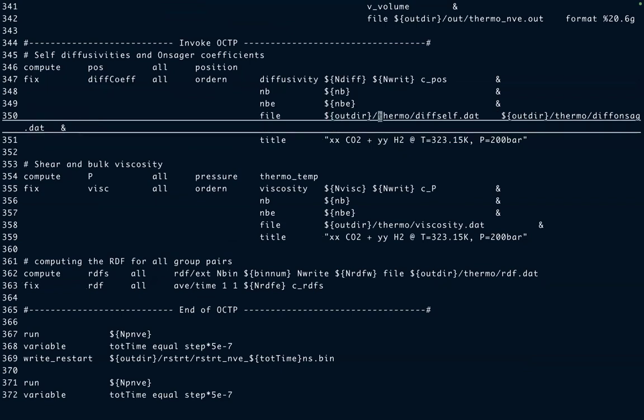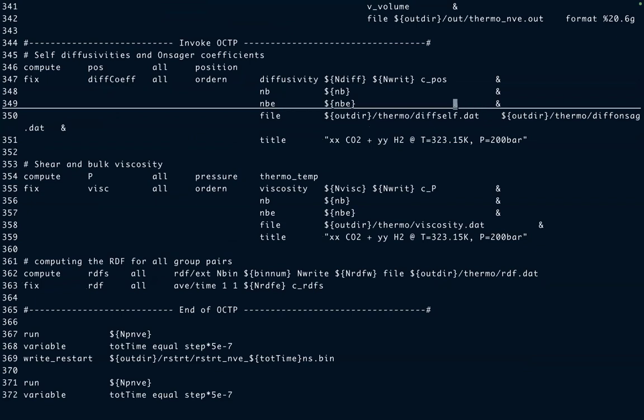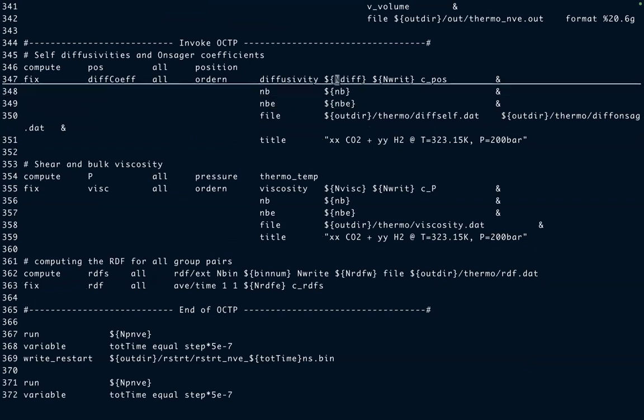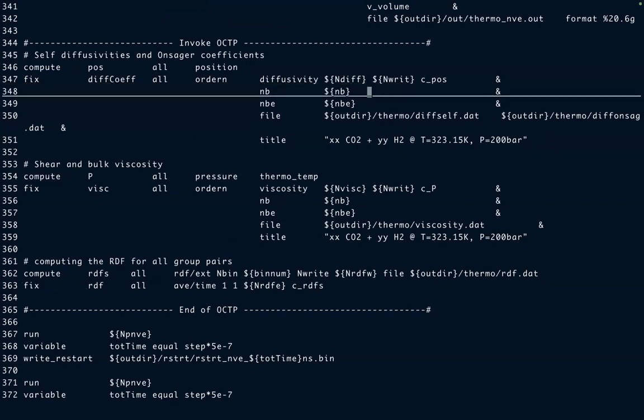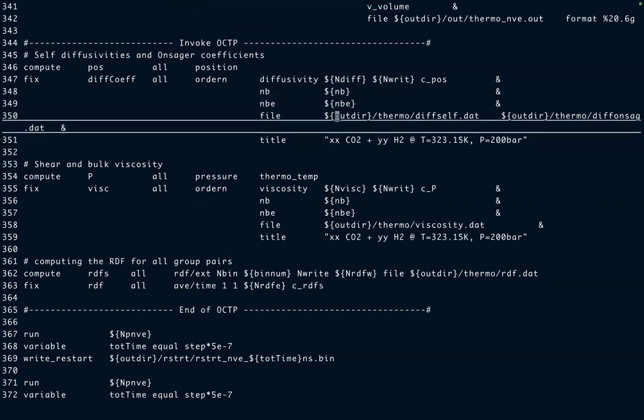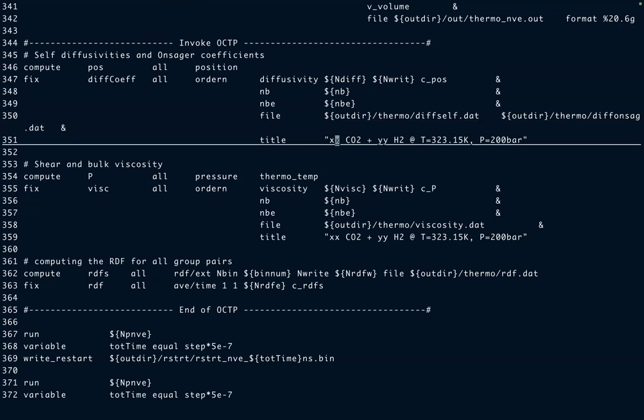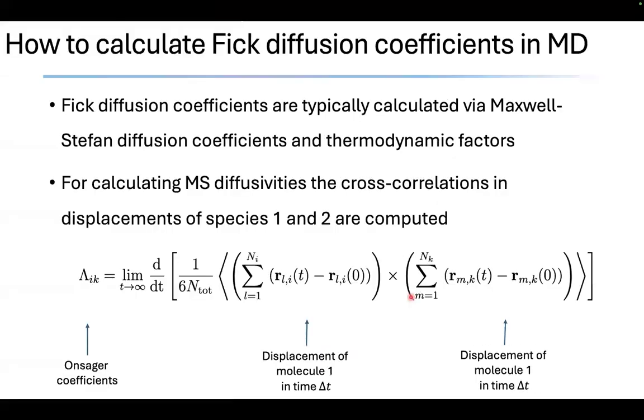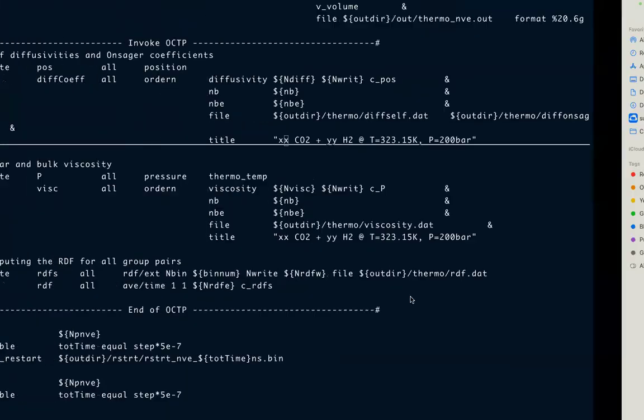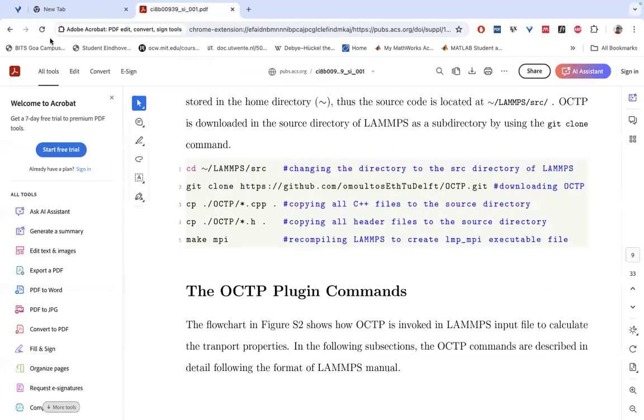The results of these plugins are then outputted to the thermo folder. The key inputs here are the parameters ndiff, nwrite, nb, nbe, the details of which are clearly specified in the original article that can be found here.